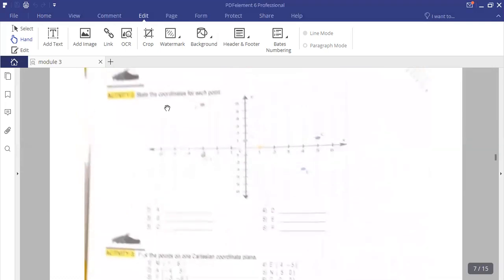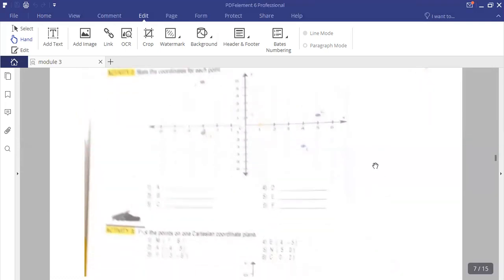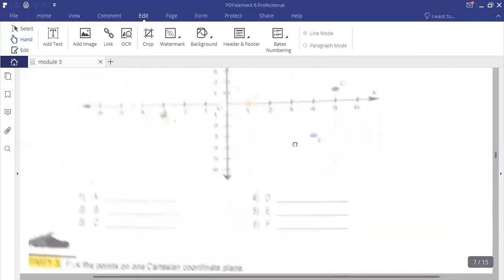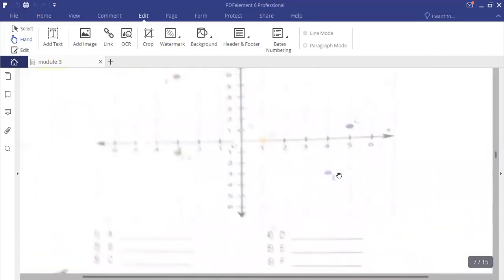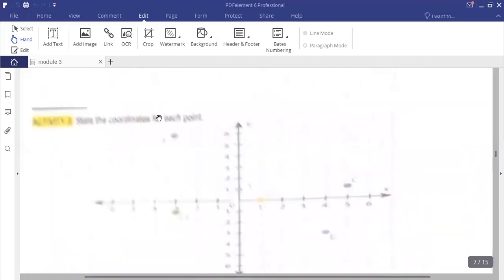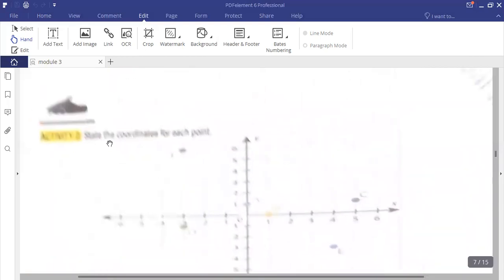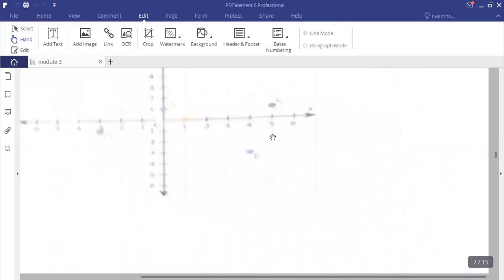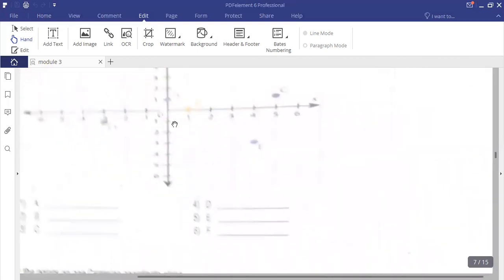So let's go to activity number 2. It's very unclear, but let's try to answer point E. Point E is number 5. It says there to state the coordinate of each point. So point E is located at, let's first look for x. So 1, 2, 3, and 4. So here we have the x coordinate.